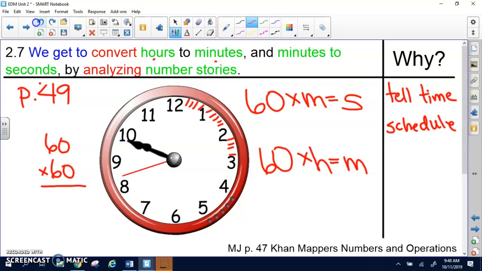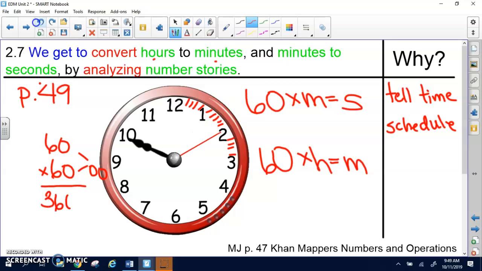Any thoughts about this? Yes, sir. That's what it would equal if we added it, yes. But I want to multiply it. Think about it like this. I'm going to take these 2 zeros over here, and multiply just 6 times 6. What's 6 times 6? It's 36.